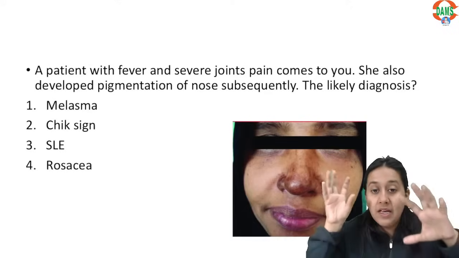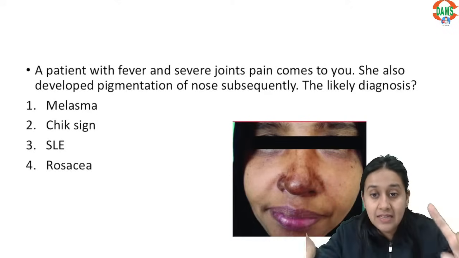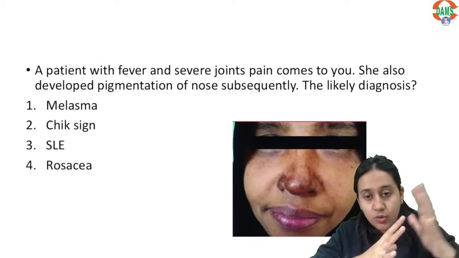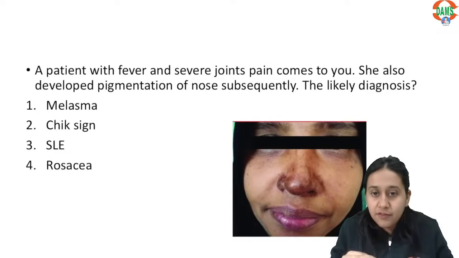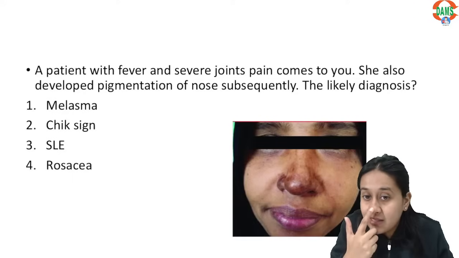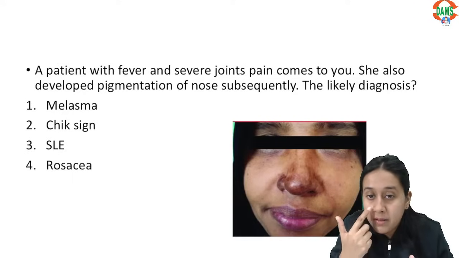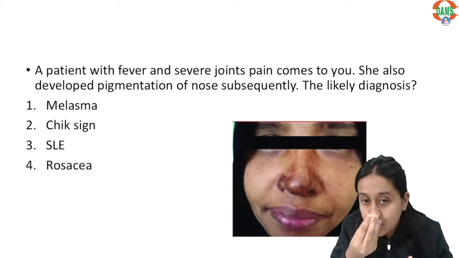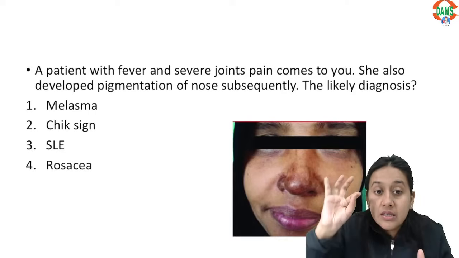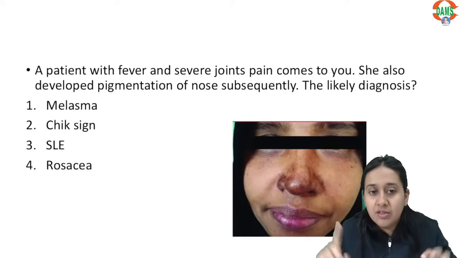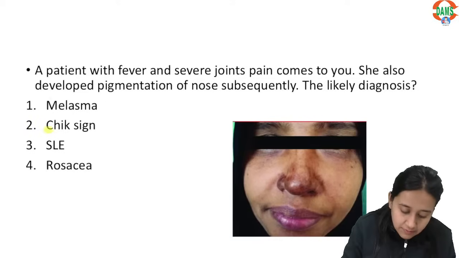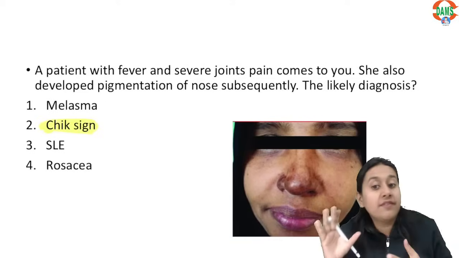Please remember, whenever patient has a history of fever, joint pain, and after few weeks of it, there is a very classical centrofacial pigmentation which starts from the nose, can spread to the upper lip. This is your chick sign related to chikungunya fever. This was actually one of the favorite questions.